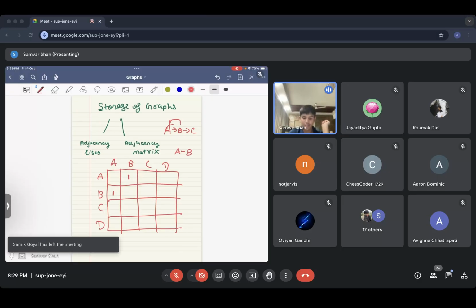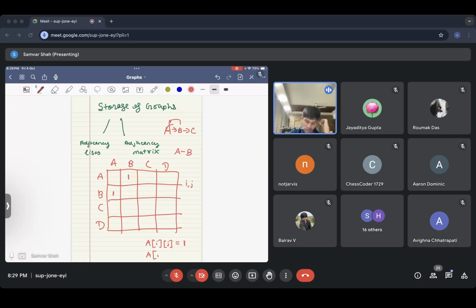So what it's saying is, if you have any i comma j which are connected by an edge, then aij is equal to 1, which means it has an edge, and aji is equal to 1. This is the case where it's undirected. So 1 basically means an edge exists, and 0 means no edge here.